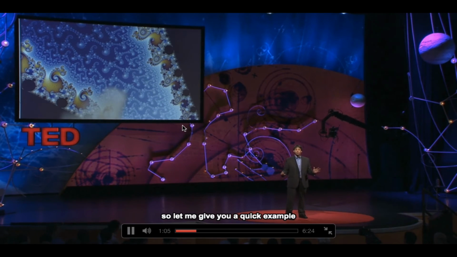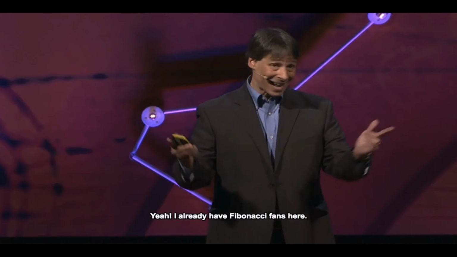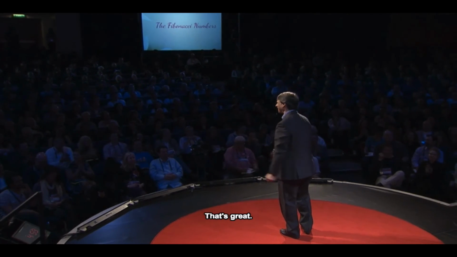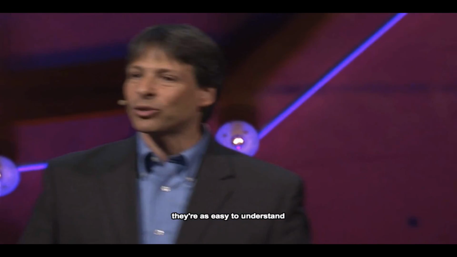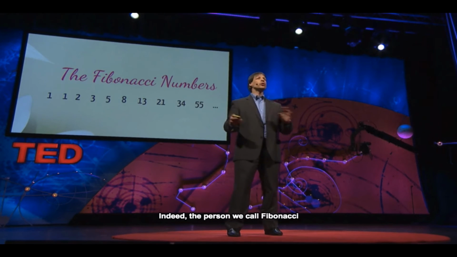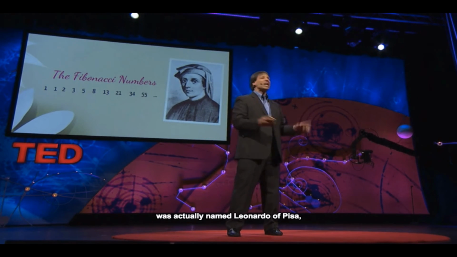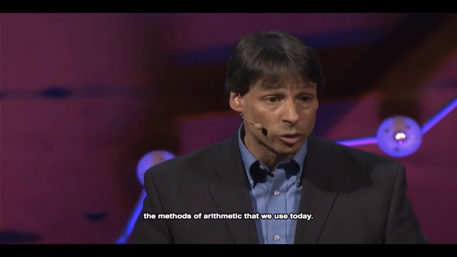So let me give you a quick example with my favorite collection of numbers, the Fibonacci numbers. Yeah, I already have Fibonacci fans here. That's great. Now these numbers can be appreciated in many different ways. From the standpoint of calculation, they're as easy to understand as 1 plus 1, which is 2. Then 1 plus 2 is 3, 2 plus 3 is 5, 3 plus 5 is 8, and so on. Indeed, the person we call Fibonacci was actually named Leonardo of Pisa, and these numbers appear in his book, Liber Abaci, which taught the Western world the methods of arithmetic that we use today.